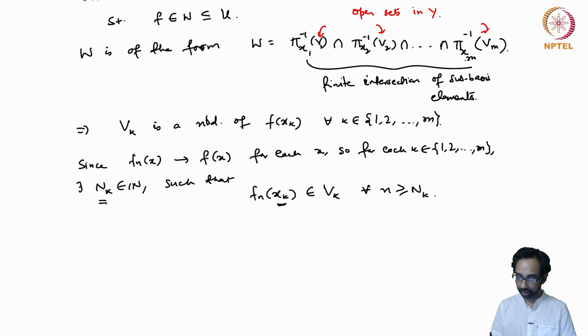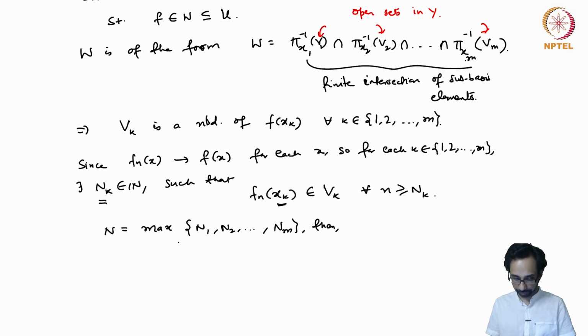And this means that if I take N to be the maximum of these numbers n1, n2 up to nm, then we have that fn belongs to this intersection of all these sub-basis sets pi x1 inverse v1 intersection pi x2 inverse v2 up to pi xm inverse vm.